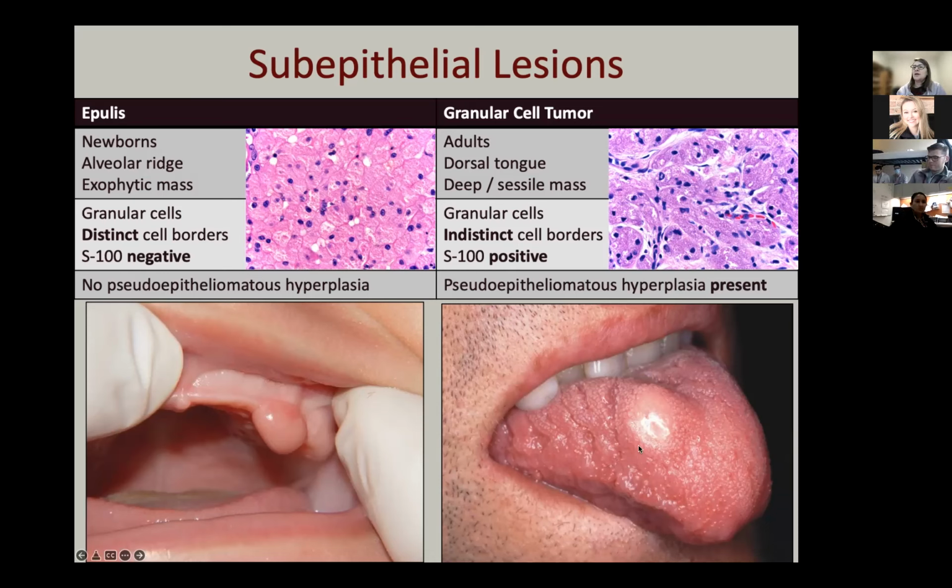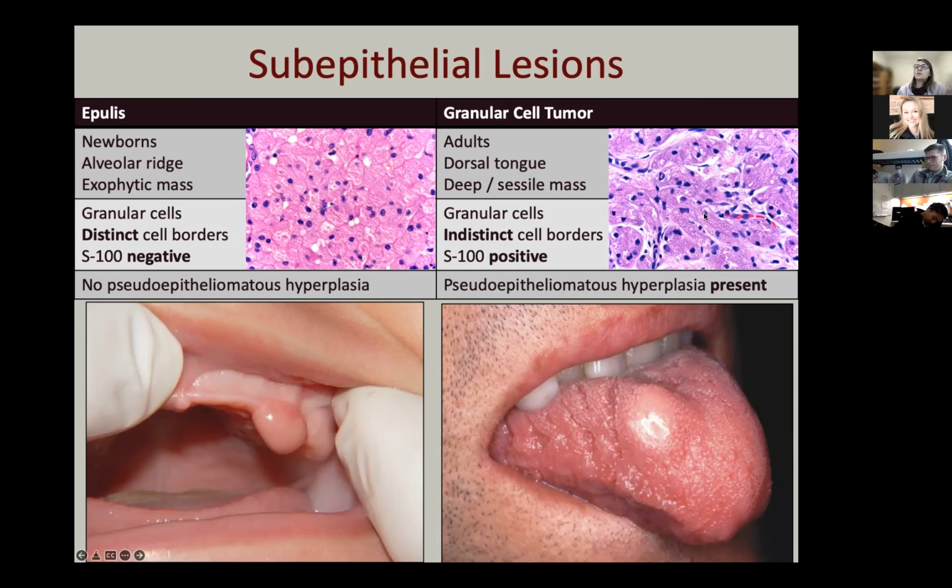On the other hand, granular cell tumors tend to be present more on the adult side. They are more sessile masses with a little bit of raised. They certainly can be on the tongue, in the larynx, in the skin, and the esophagus. These guys can be anywhere.